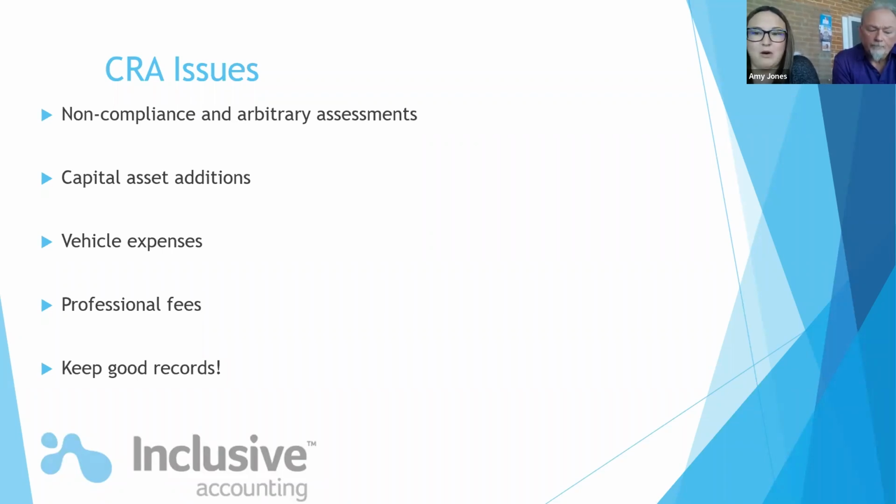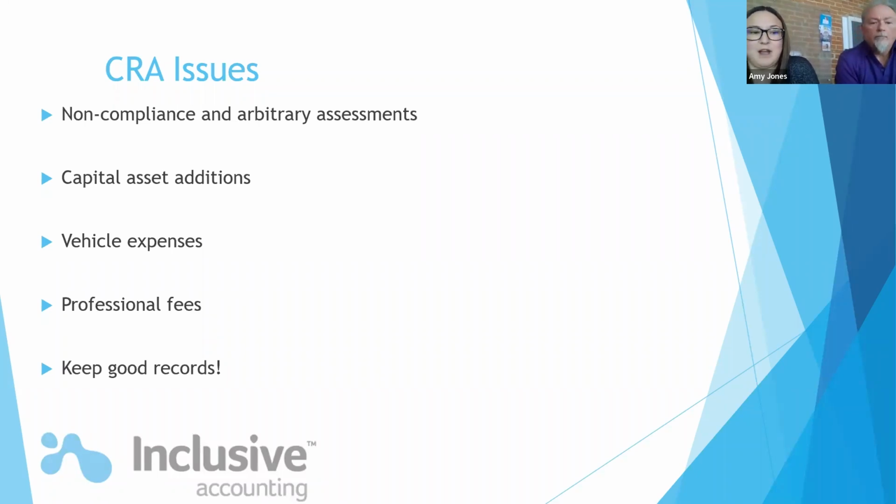Very often right now, we're seeing that happen on vehicle additions. So if you buy a new vehicle for the business, they are asking for that receipt, that invoice, the purchase agreement that basically says it is under the business name, and that the date is appropriate and the amount that is added into this capital asset addition is appropriate and is reflected on that invoice.